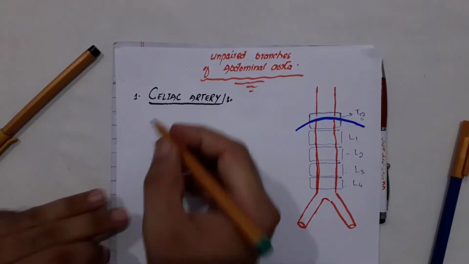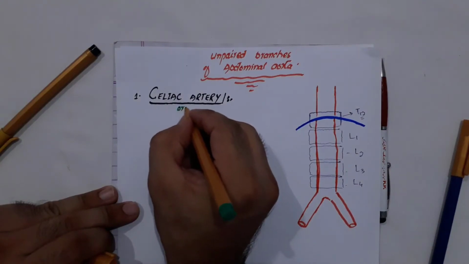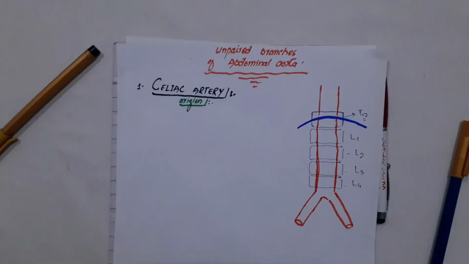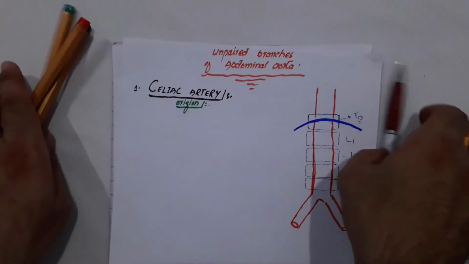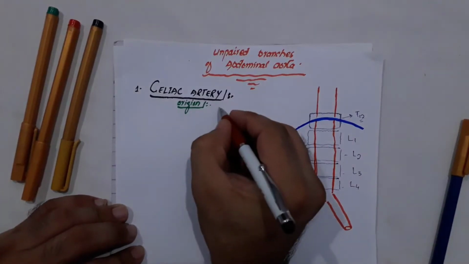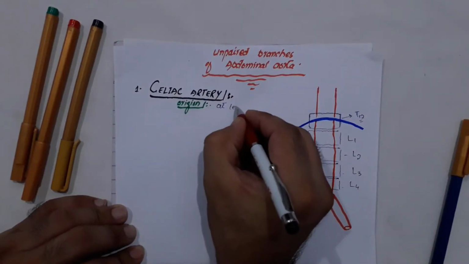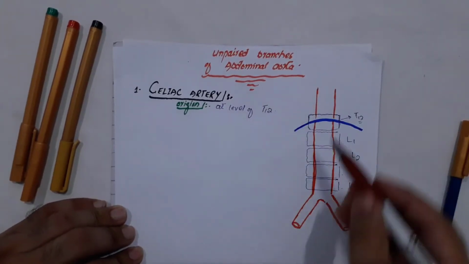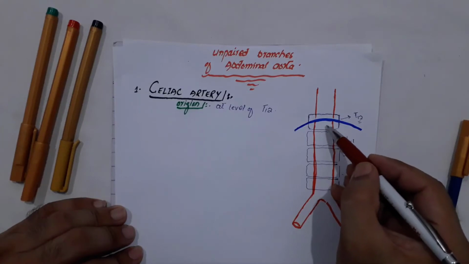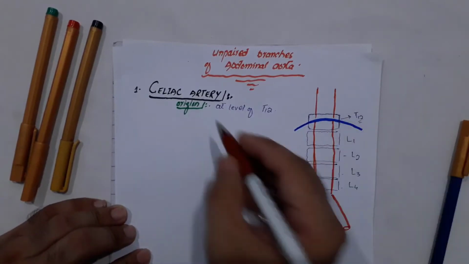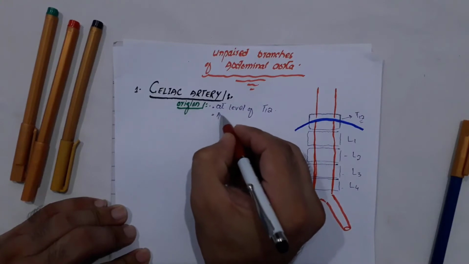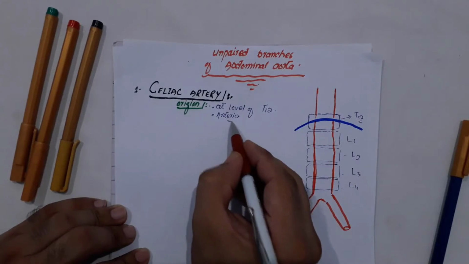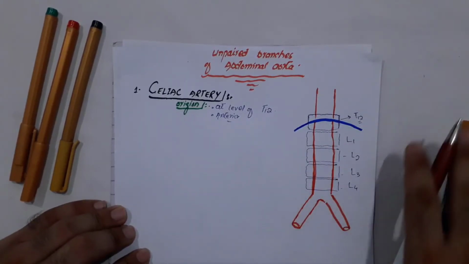Let me write here its origin. From where does it arise? This first branch arises at the level of T12 vertebra, from the anterior side of the abdominal aorta.